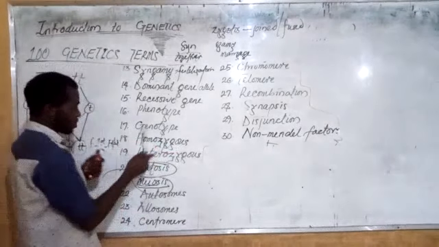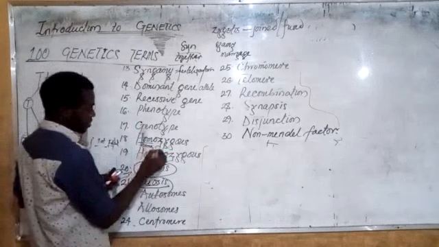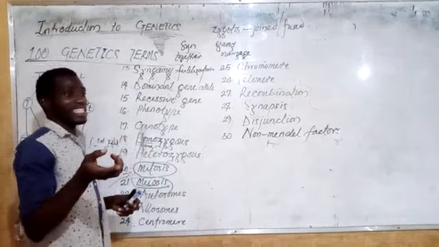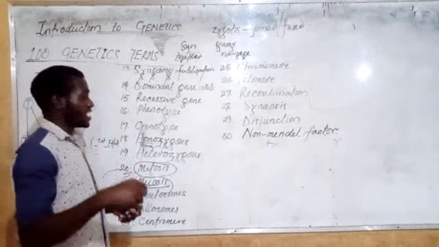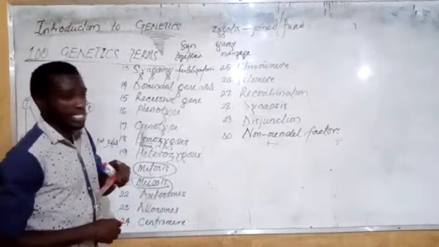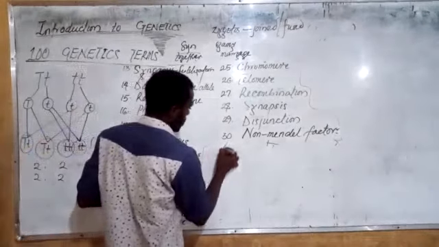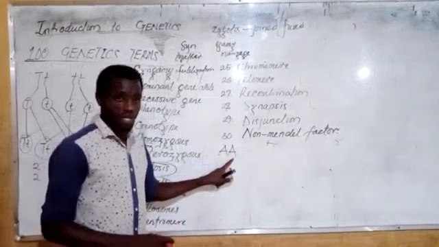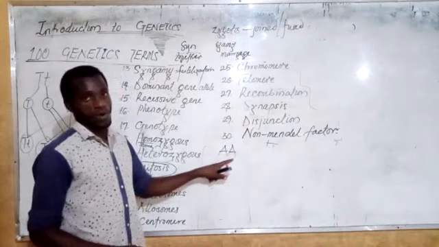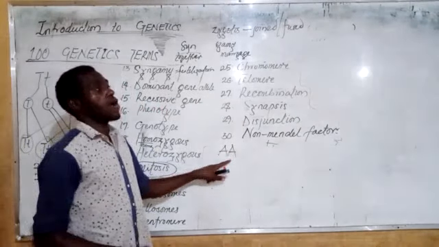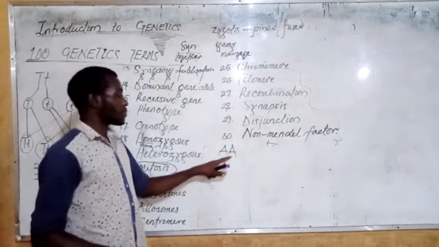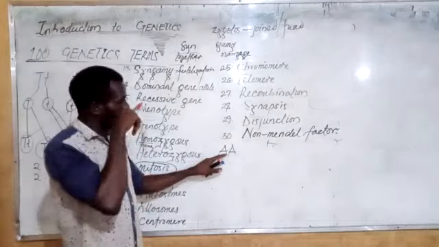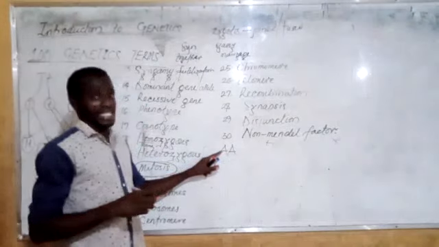Homo means same, so similar. So if the individual carries the same set of genes for the particular trait, then the individual is homozygous for that trait. So for example, if I am AA, it means that I am homozygous for this trait. For example, this AA is usually used to code for either our blood group or our skin pigmentation. Here, the capital A will mean that the skin has melanin, right?